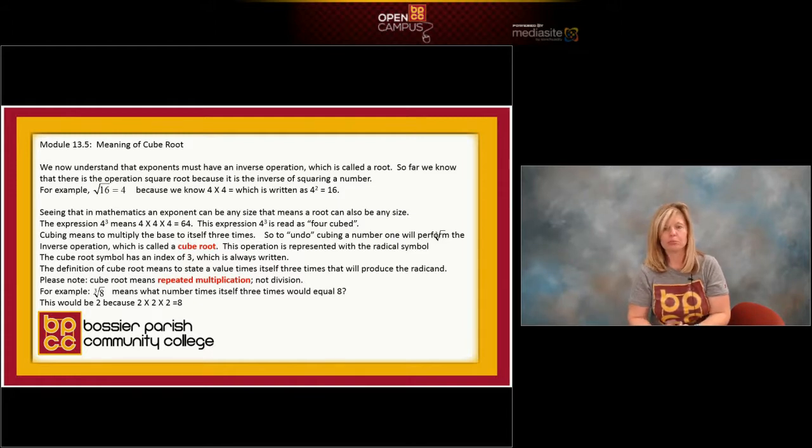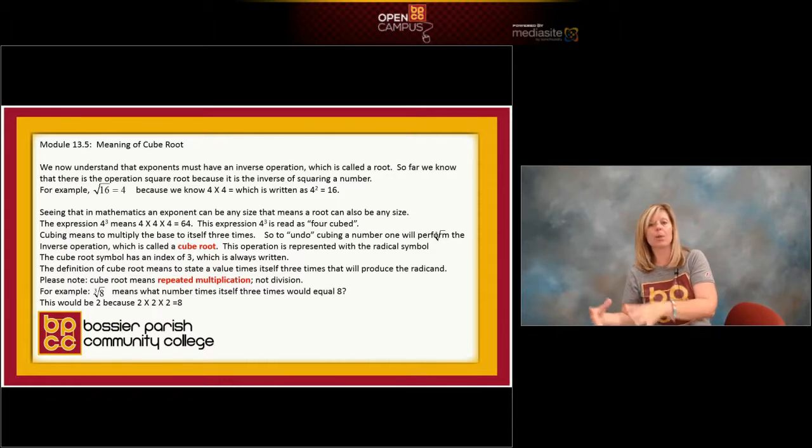Would it be 2? Let's see. 2 times 2 is 4. 4 times another 2 would be 8. So yes, the cube root of 8 would be the number 2. And that's the definition of what cube root means. Cube root means I'm asking you to multiply the same number 3 times to give me the radicand.